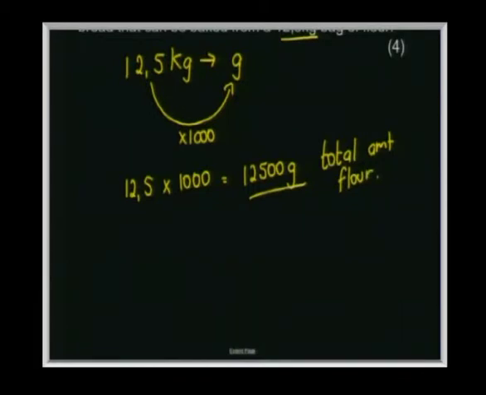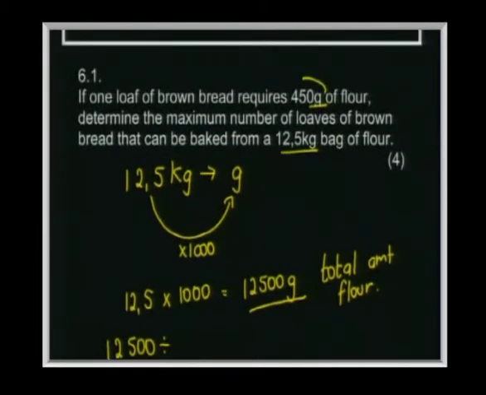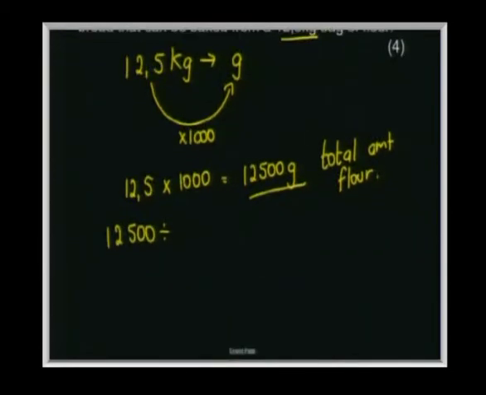And I want to find out how many loaves of bread I can make from that. And I know that each loaf of bread has 450 grams of flour. So I'm going to divide that by 450.